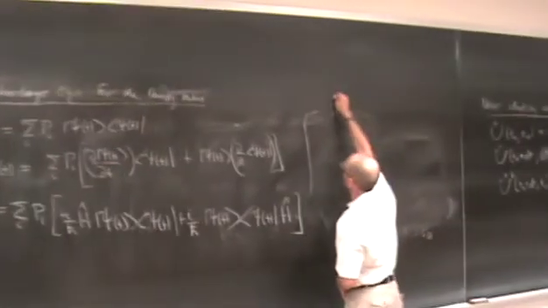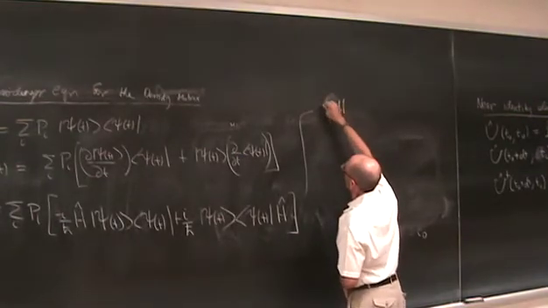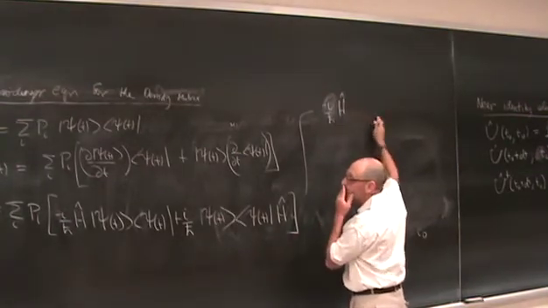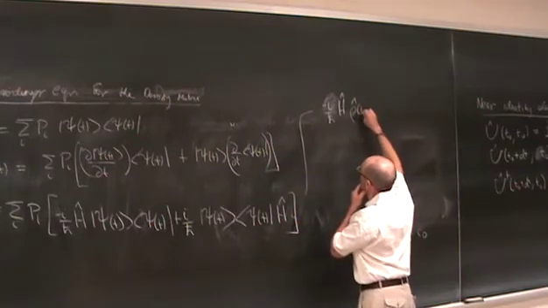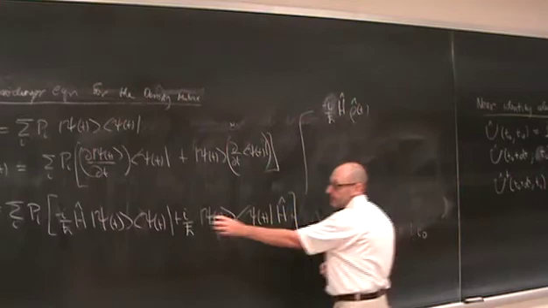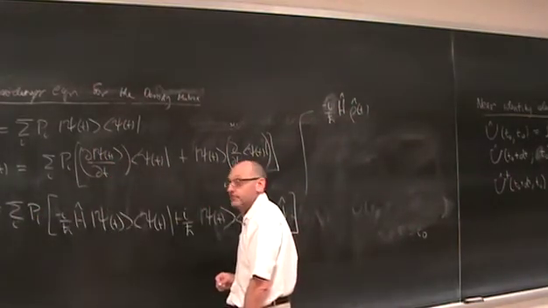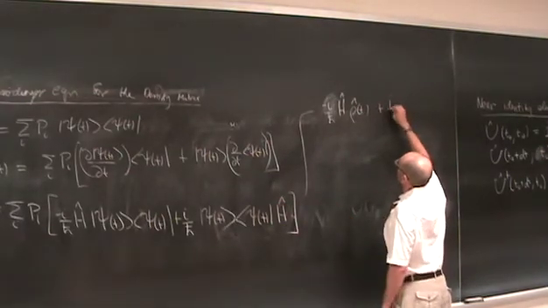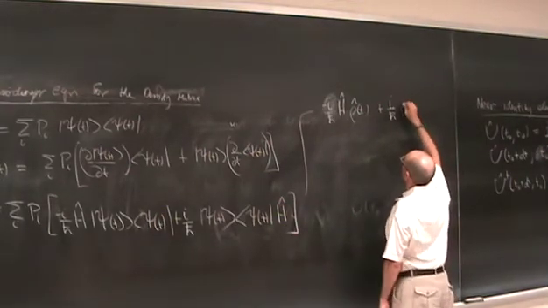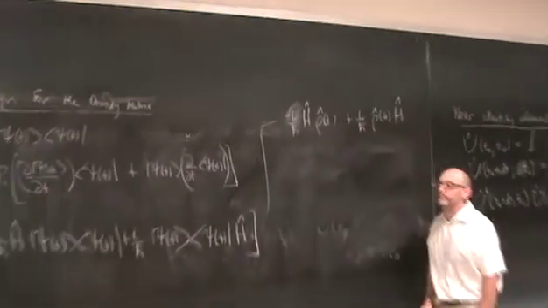This is minus i over h bar, the Hamiltonian acting on the density operator. That's this first term, just taking it out. And then I can take the Hamiltonian out the other way.